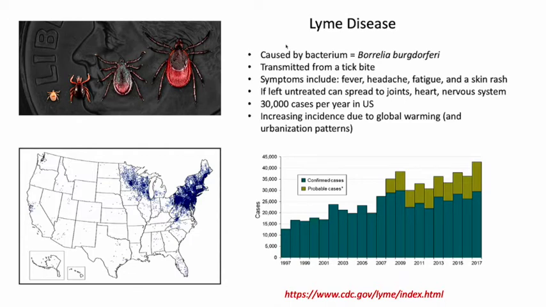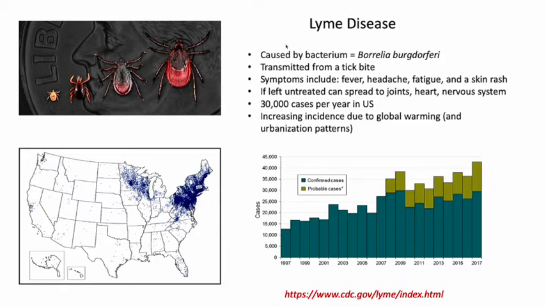Some people don't. Also, if left untreated, there's problems, and there's debate about how severe these problems are, although I think in the US we're generally becoming more concerned about it, and they seem quite serious. These include heart problems, nervous system problems, and especially joint problems where you have arthritis-like symptoms in the joints.